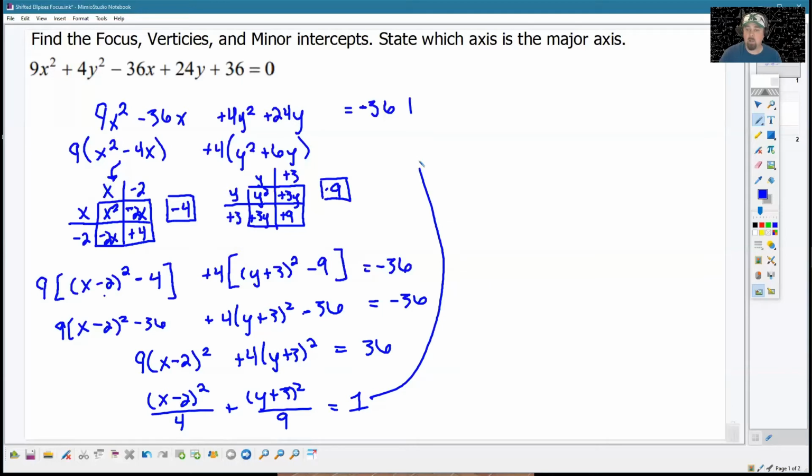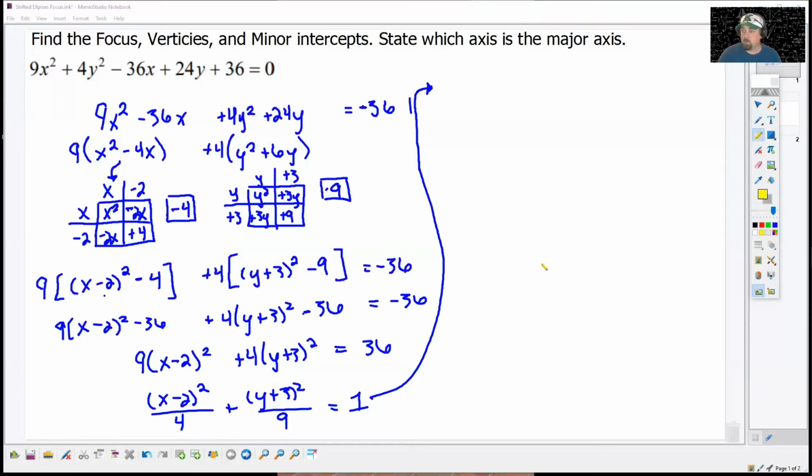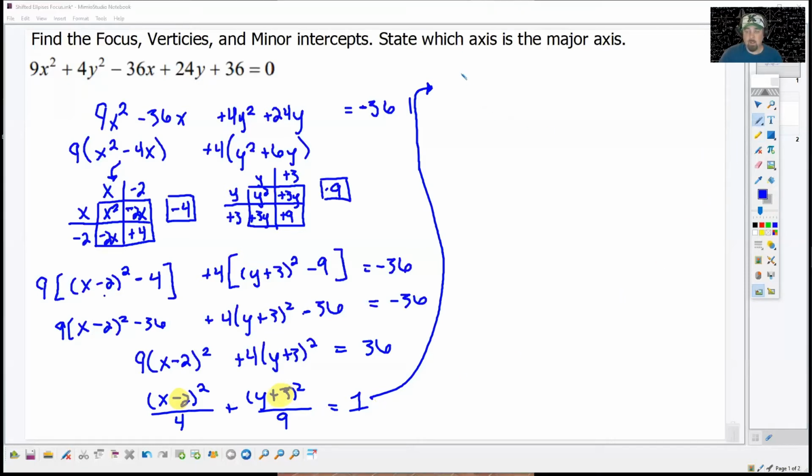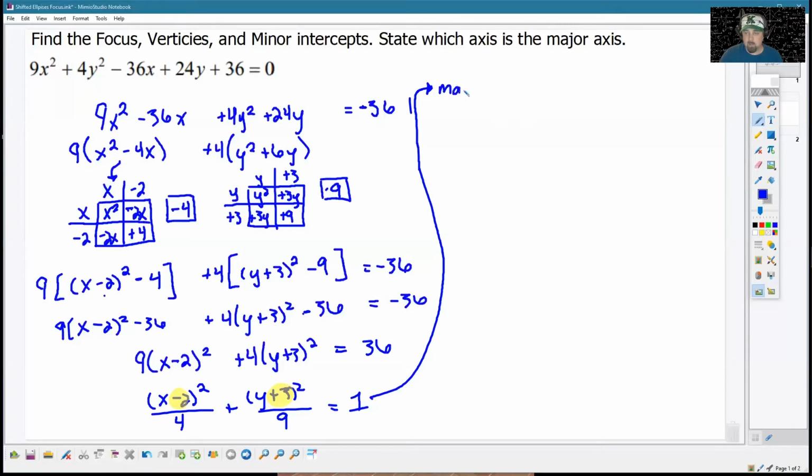So now we've got to come up here and find our points and state our major axis and all the other stuff. Let's talk about this transformation before we move forward. This negative 2 is going to move us to the right by 2. This positive 3 is going to move us down by 3. Okay? So let's list all this information and then apply those transformations afterwards.